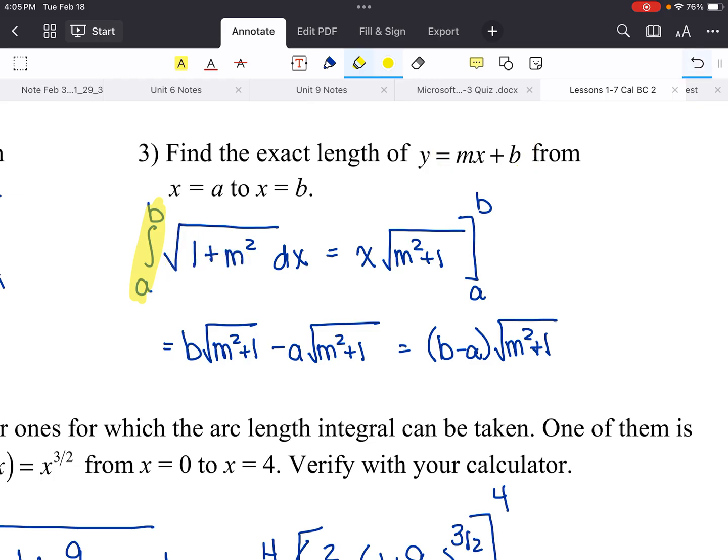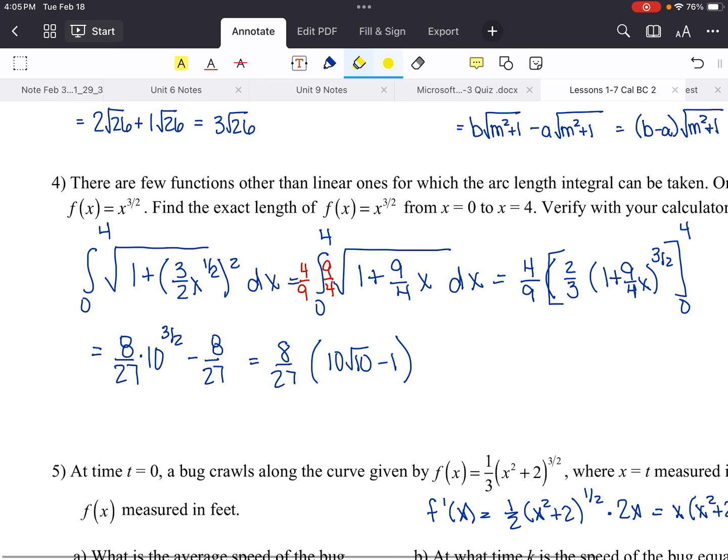So you would get square root of m squared plus 1. Those are all constants, by the way, so that's just some number. The antiderivative of a number is that number times x. Plug in b, plug in a, and subtract it. I don't know that that form of the answer is any better than this other form of the answer, but either of those would be an acceptable answer for this particular problem.